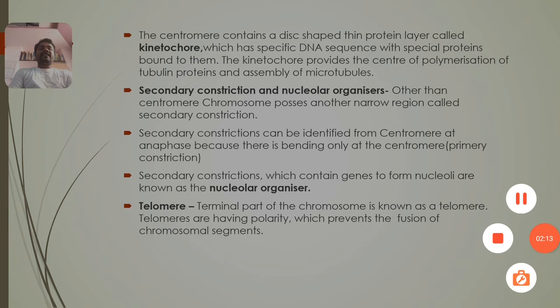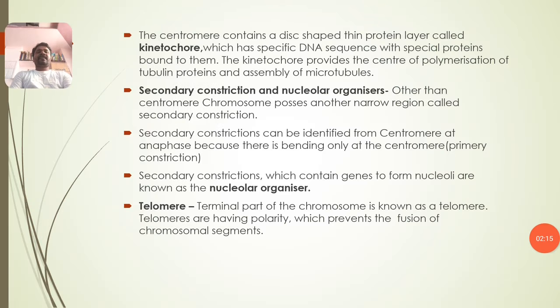The next one is the telomere. The terminal part of the chromosome is a blunt end on both opposite sides, either the anterior or the posterior part of the arm of the chromosome, and it is known as a telomere.